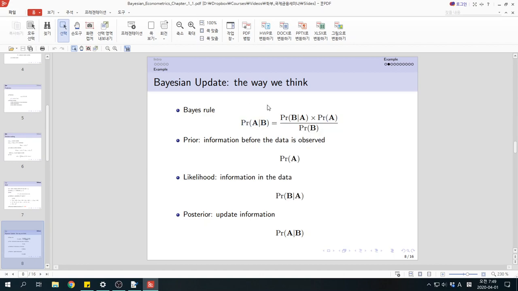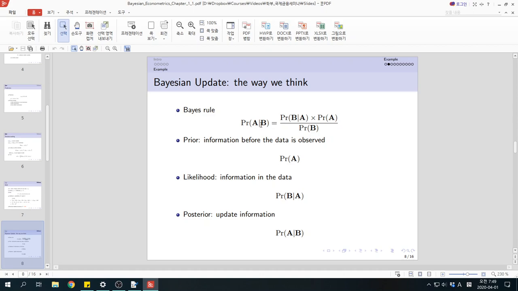So if there is no relation between A and B, then there is no update. But in contrast, if A and B are highly related, then this must be non-zero. So this probability of A should be different from the probability of A given B. Whenever we have new information, whenever you watch news or read newspapers, or hear something from your friends, you will change your mind.